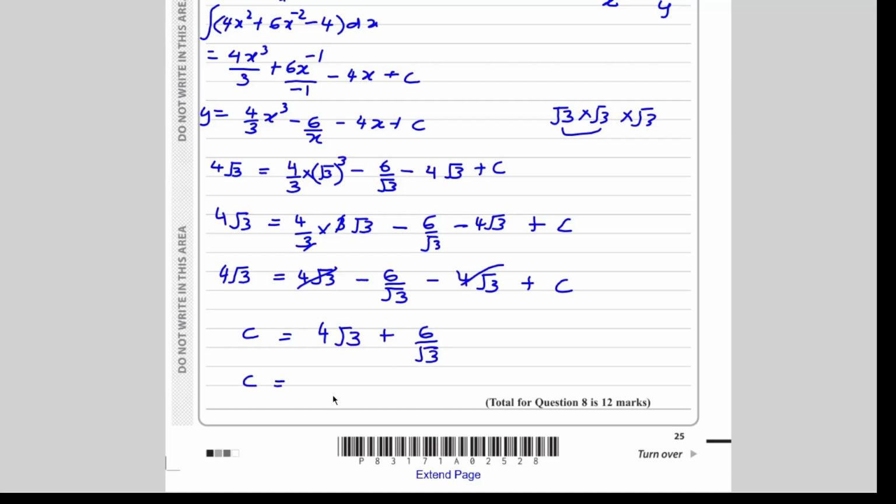Then C equals, taking common denominator, over root 3, 12 plus 6, which becomes C equals 18 over root 3. So you can rationalize this one, then you will get 6 root 3.